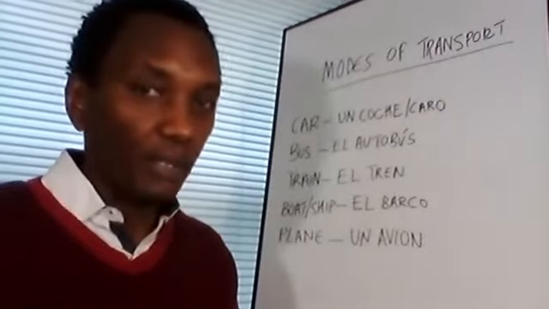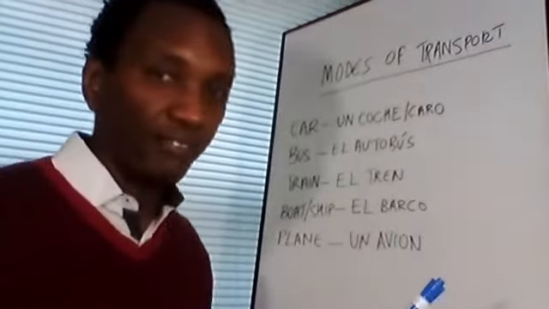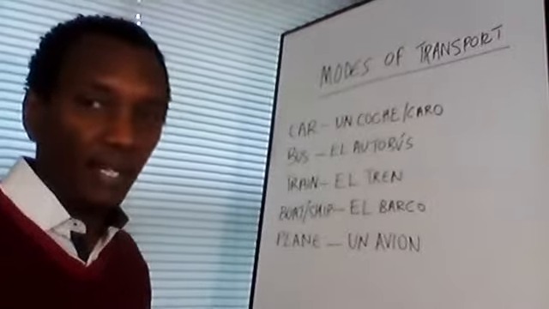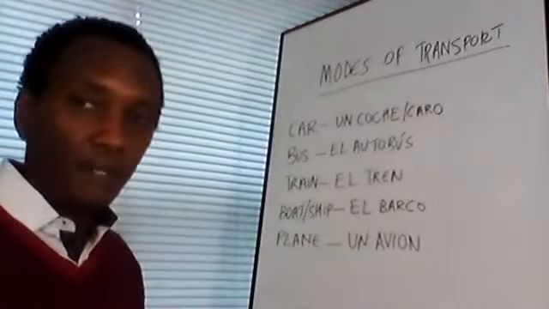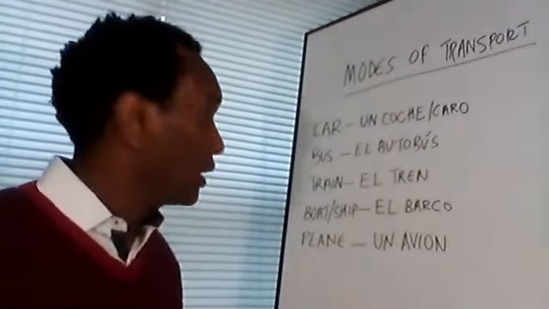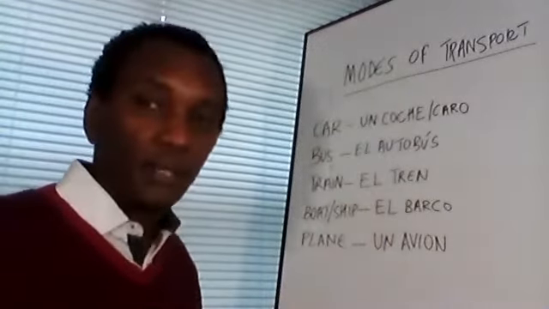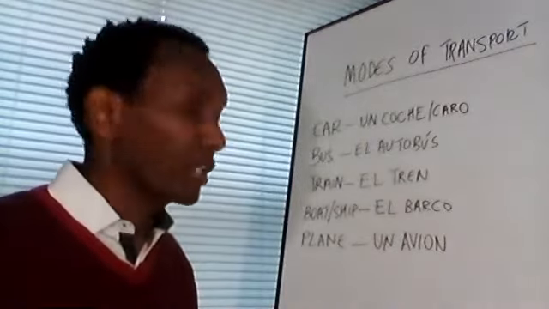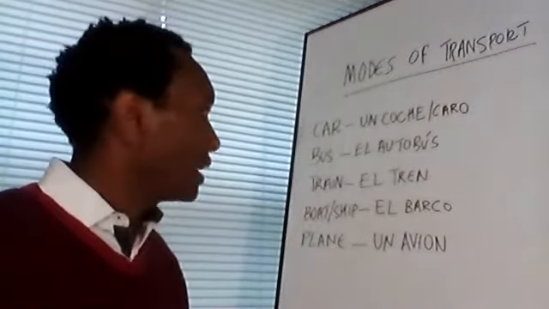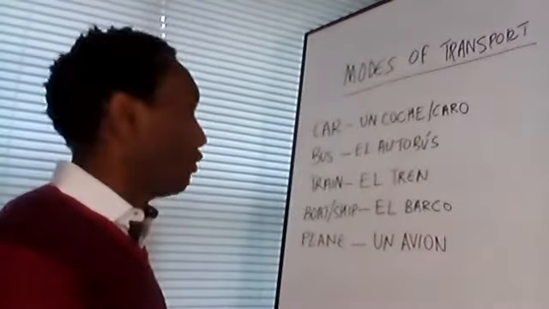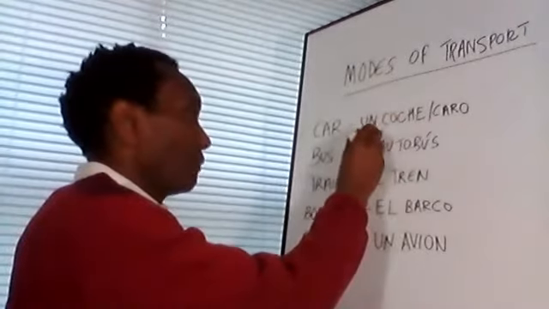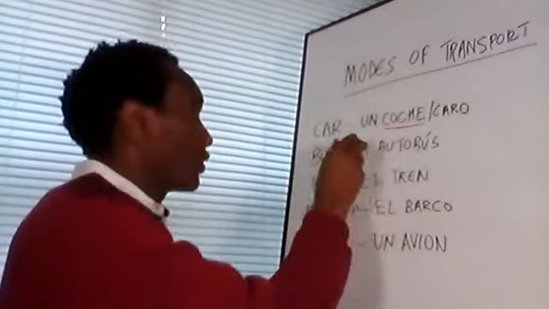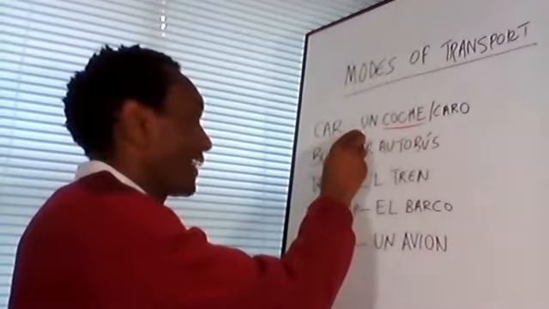Now, start with the first one, which is a car. A car in Spanish, we say coche, C-O-C-H-E. Now, you do see in front of the word coche here, the letter U-N.